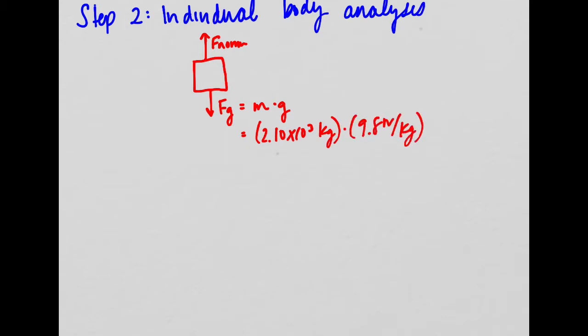If we plug that in, we get 2.06 times 10 to the 4 newtons, right? 1, 2, 3, 4. Yep. Okay, so we have solved for gravitational force, which is the same as our normal force.